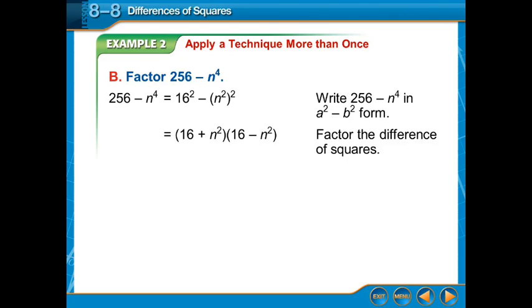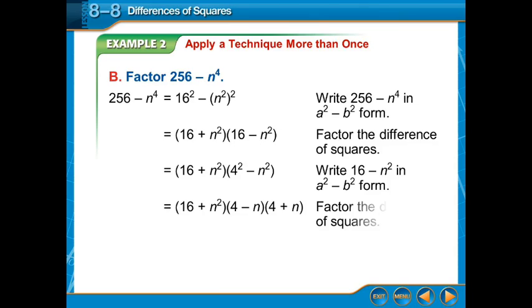So I'd have 16 plus n squared and 16 minus n squared. The only one that I can factor again using the difference of two squares is 16 minus n squared. So I'll keep the first one and factor the second one using that technique one more time.